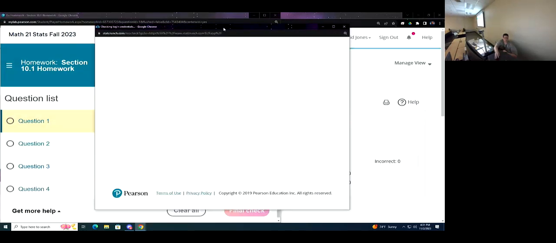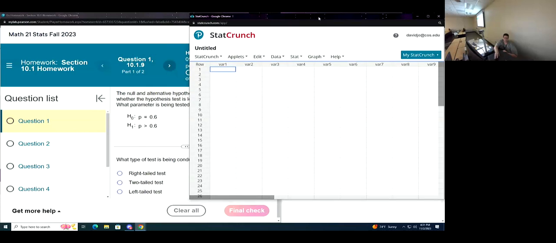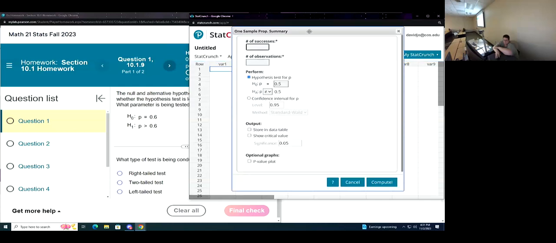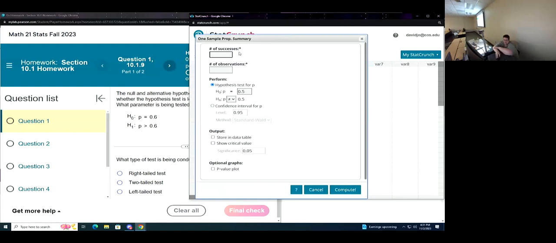I'm going to show you the two main spots that we're going to be using StatCrunch today. Both of them are where we've done confidence intervals before. So we're going to do stats, proportion stats, one sample with summary for most of them. And you just enter things like we normally do for confidence intervals, but instead of clicking on confidence interval, you leave it as the hypothesis test.